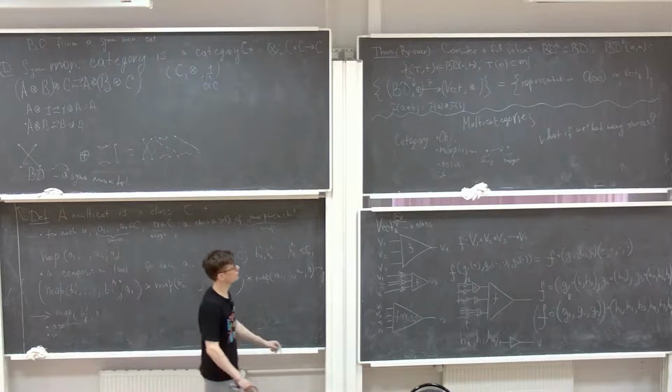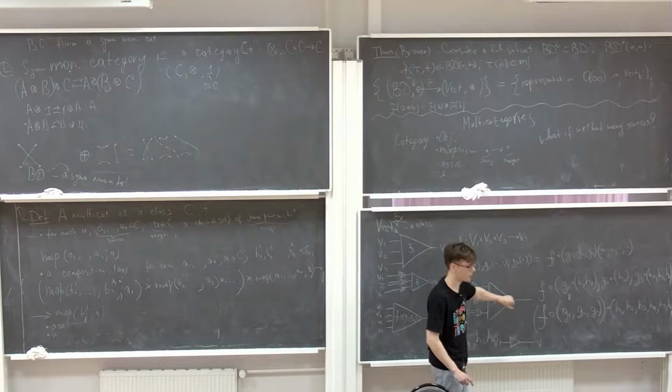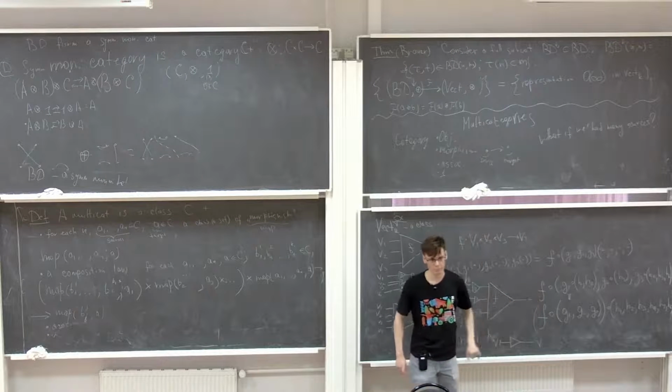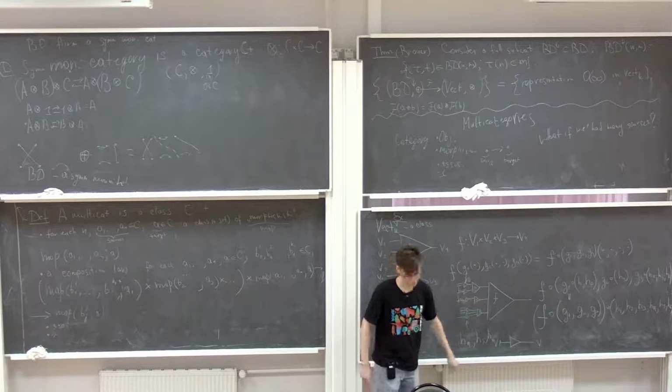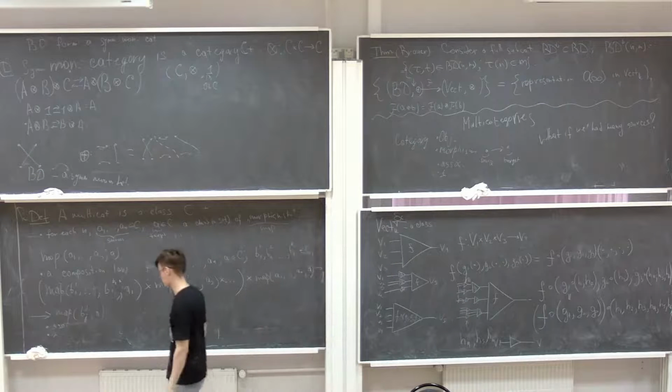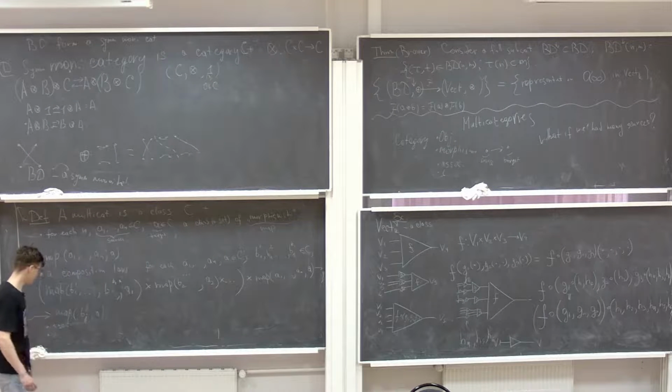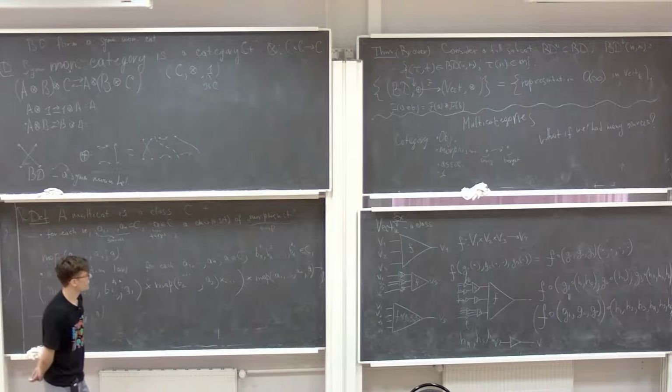And the associativity law looks somehow like this. So this is an example, just an example. So this is an operad. Oh, this is a multi-category.